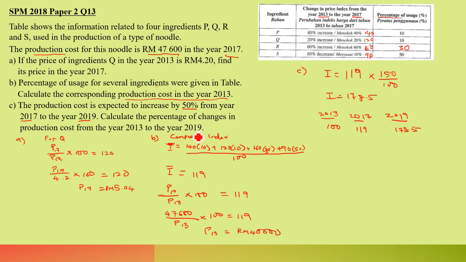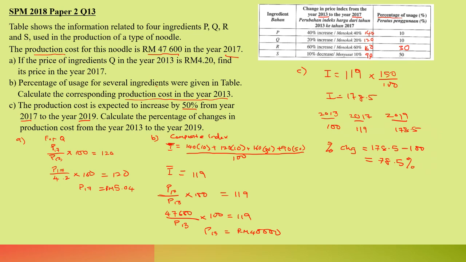So minus. The percentage change will be 178.5 minus 100. So you will get 78.5%. That is the change from 2013 to 2019. Based on 2013, how is the change taking place? Okay, so this carries another 10%.